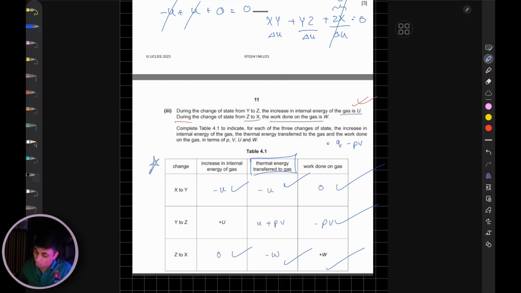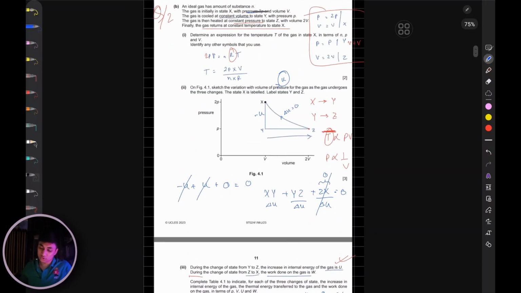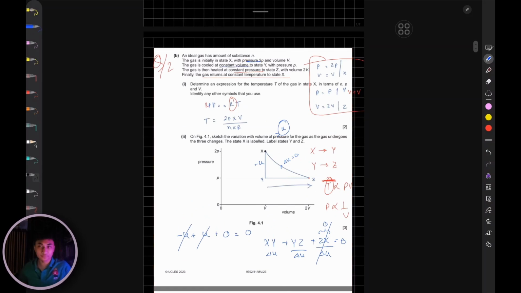Minus PV. What do I know about the change in internal energy? Positive U. So what is the thermal energy provided to the system going to be? U plus PV. And that is how you're going to solve this question.